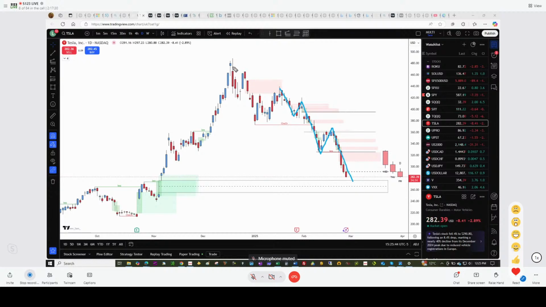So what I'm looking at is that this move up gave us A, B, C, D, and this is an E leg, which consists of 5 waves, and we should be turning around in this area and bouncing again. So this is a good buying opportunity for Tesla. Maybe as low as 250 is possible. We could just spike below into 250 maybe, but eventually bounce.